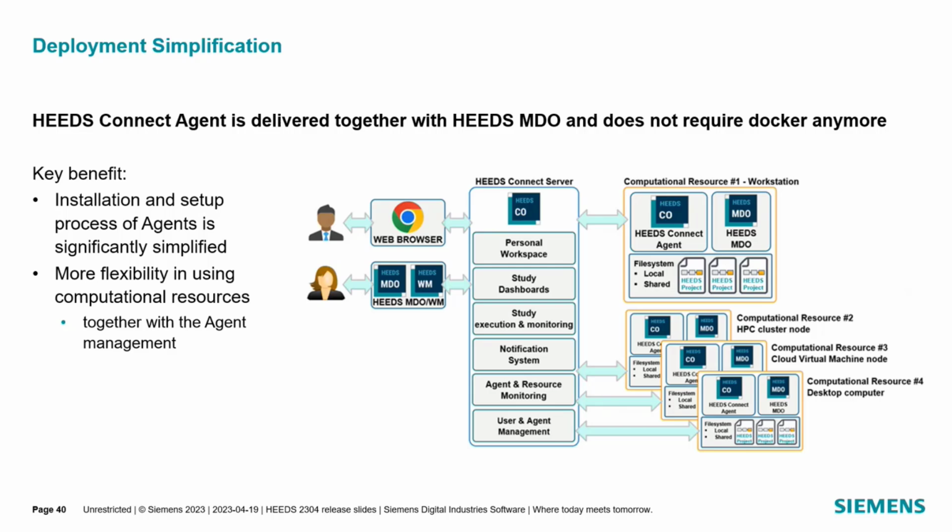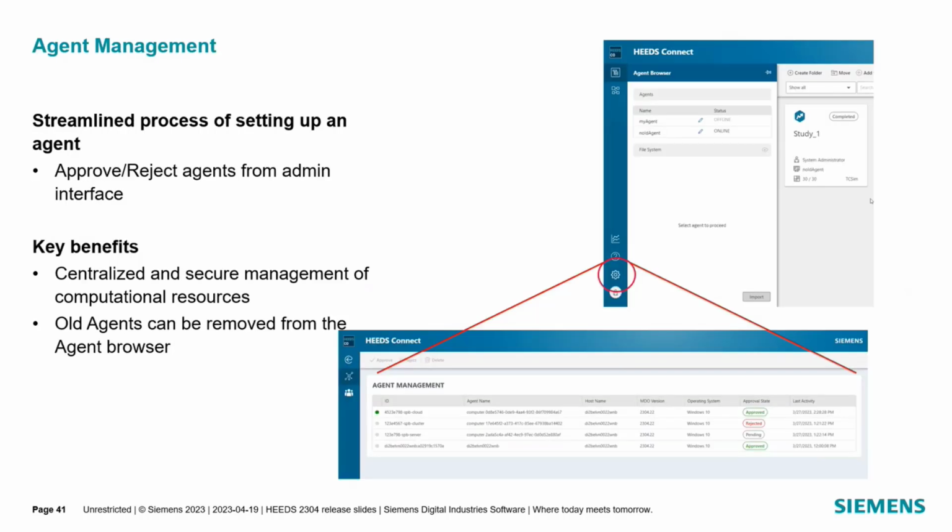Now, this is linking to the next capability, which is the agent management. So we have also streamlined the process of setting up an agent, which means that now agents can be configured and operated in an easier way.